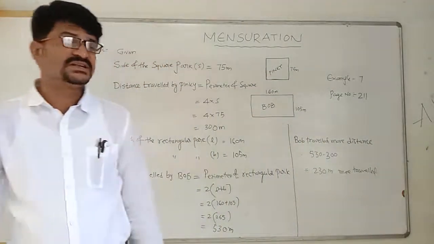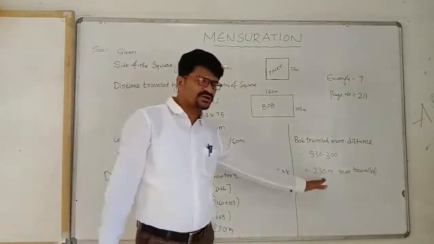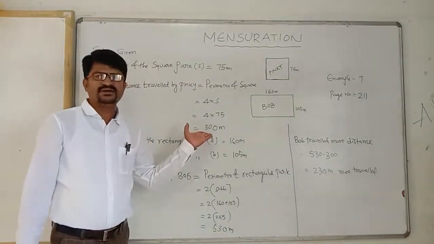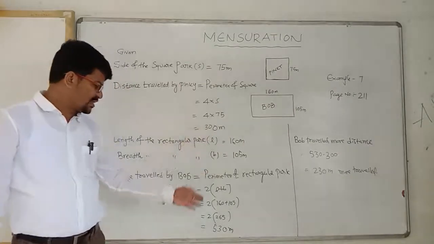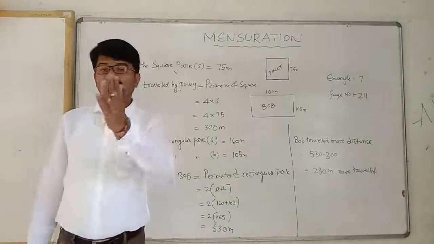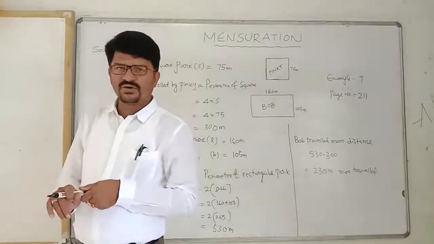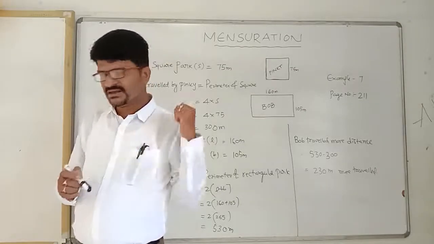By how much distance did he travel more? How many meters more did he travel? 230. Why? Because Pinky travelled only 300 meters. Bob travelled 530 meters. Therefore, Bob travelled 230 meters more than Pinky. Clear? Right.